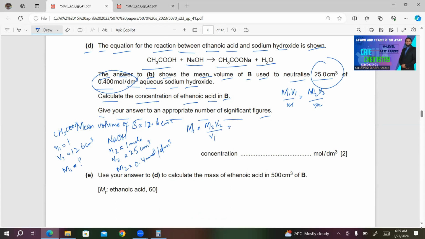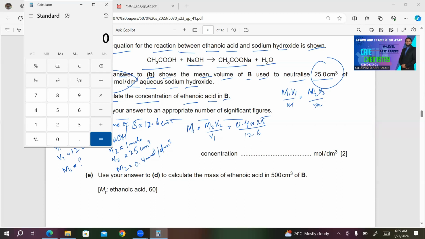Placing the values, M2 is 0.4, V2 is 25. What about V1? V1 is 12.6. So 0.4 multiplied by 25 divided by 12.6, we will get 0.793.